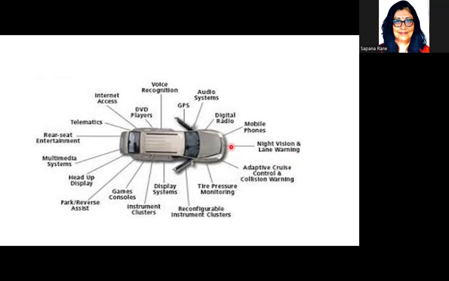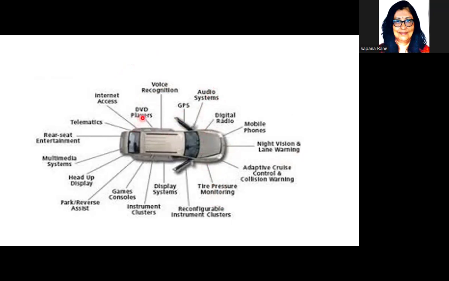So here an embedded system is installed. Similarly, you can observe tire pressure monitoring, which is monitored automatically with the help of an embedded system. There is an audio system, and a voice recognition system within the car, which is again an embedded system. There is a GPS, which is an embedded system.